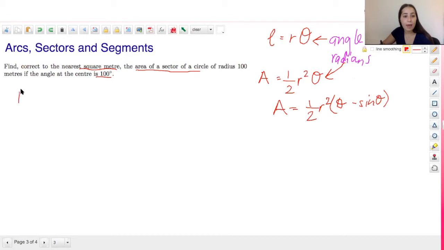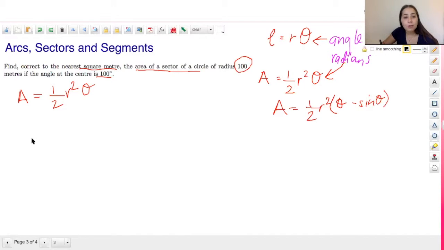Area of a sector equals half r squared theta. Really easy. Your radius is here, but you look for your angle and it says the angle is 100 degrees. Like I said previously, we can't use this angle in degrees, but rather in radians. So what we need to do is convert this angle to radians.